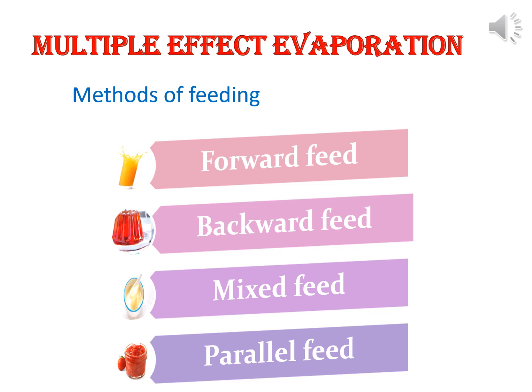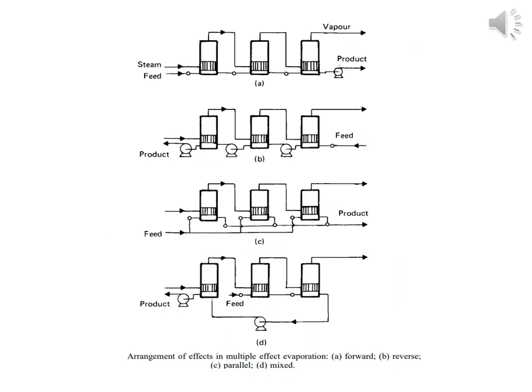It is mainly because of its simplicity, and steam has to be used only in the first effect, and the use of vapor as the heating medium in additional effects results in high energy use efficiency from the system. Here the slide gives a schematic representation of the arrangement of effects in multiple effect evaporation.